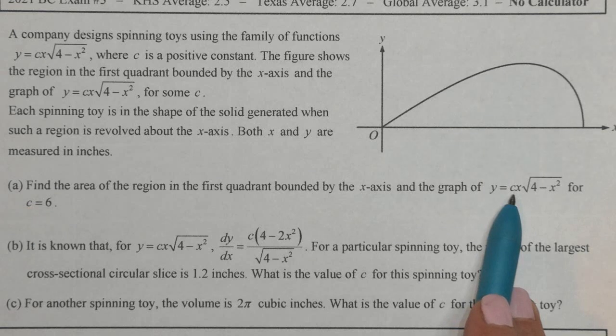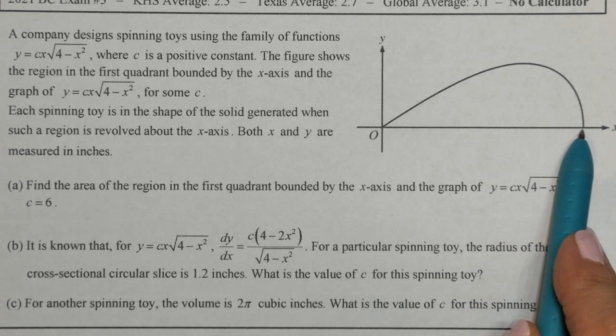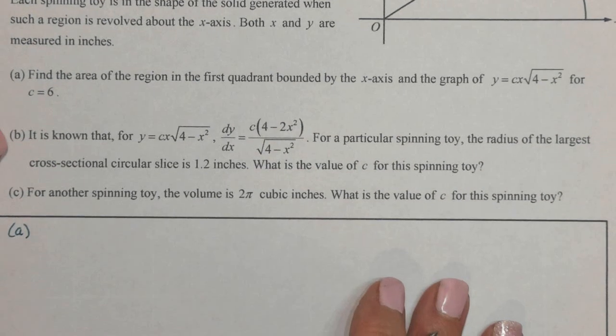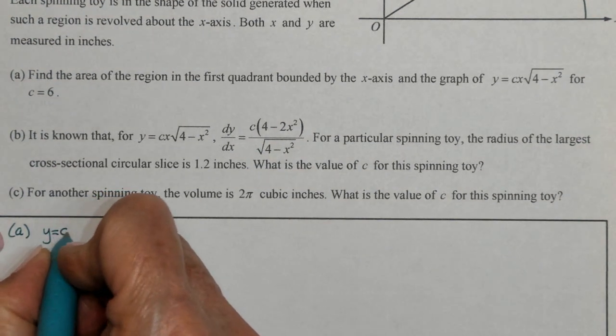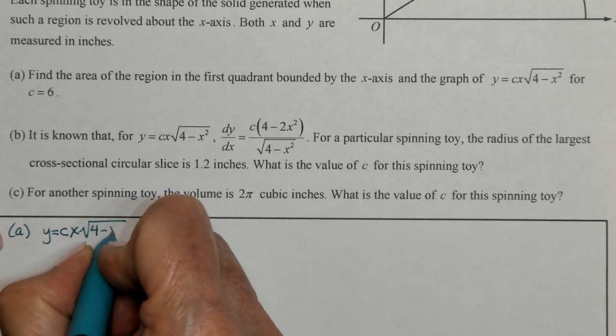One of the things my students said that they had a hard time with was knowing what this boundary was. Well, let's say in part A here, we know that y is equal to cx square root 4 minus x squared.